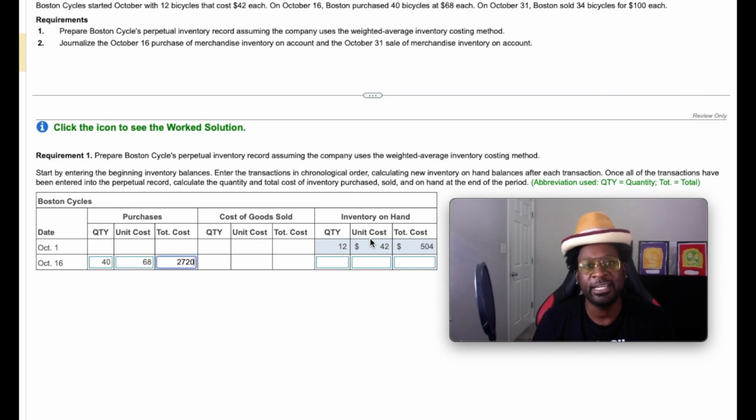Now, we already understand that we started out with some beginning inventory, 12 units to be exact. And on the 16th, we made a purchase of 40 additional units. So now our inventory on hand has grown, gang. So we have to account for them as such. But since we're utilizing the weighted average method, we must calculate the average cost of the available units we have.